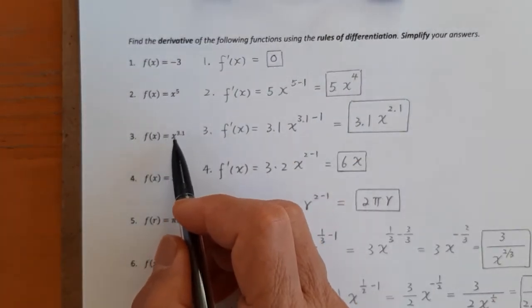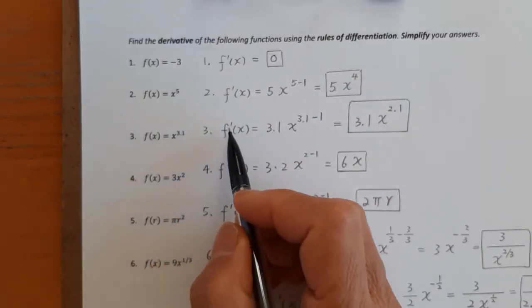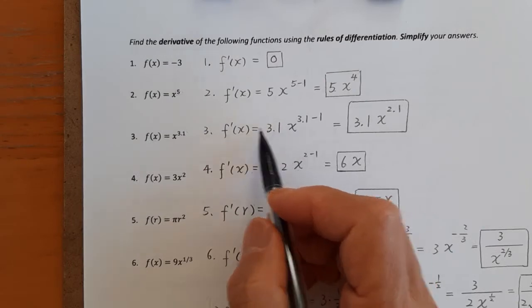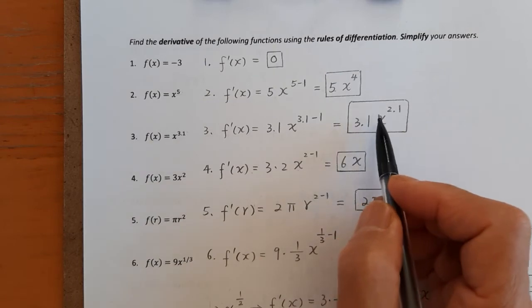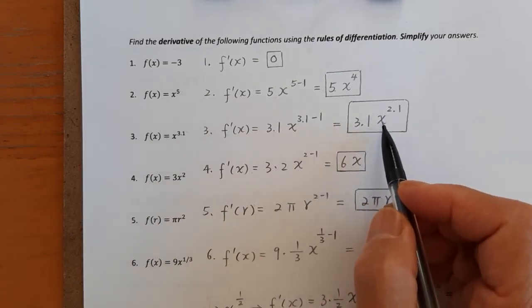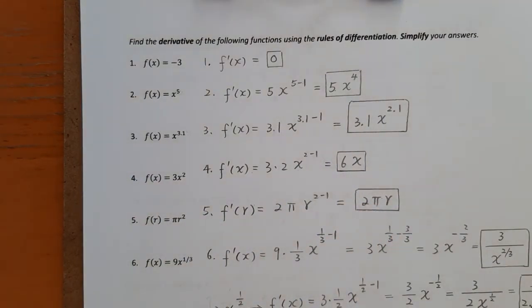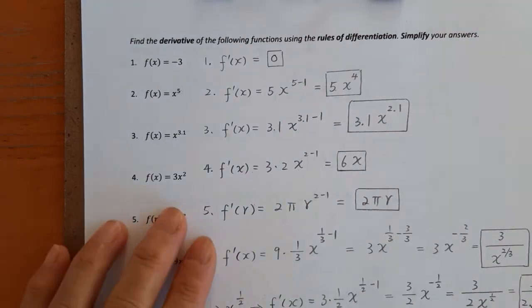Next one, power rule. 3.1 comes down, and x to the power 3.1 minus 1, which is 2.1. So 3.1 times x to the power 2.1. Next one, number 4.